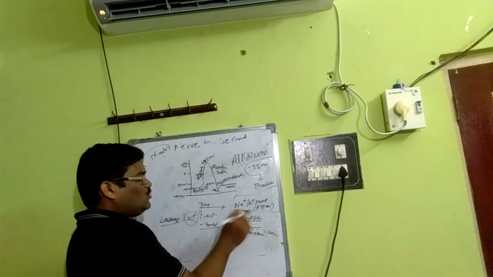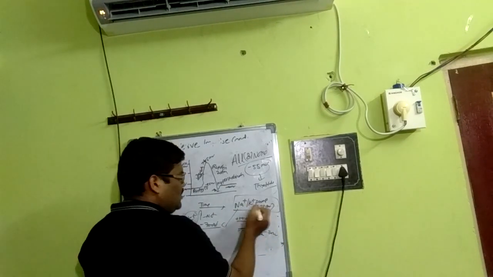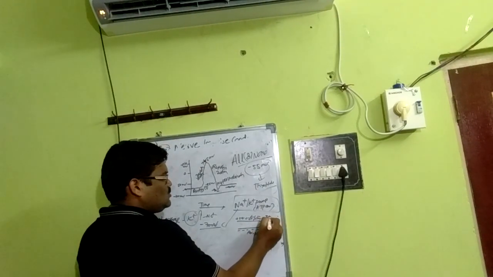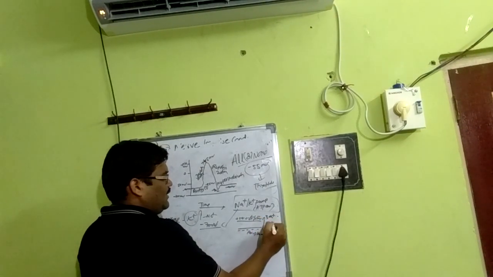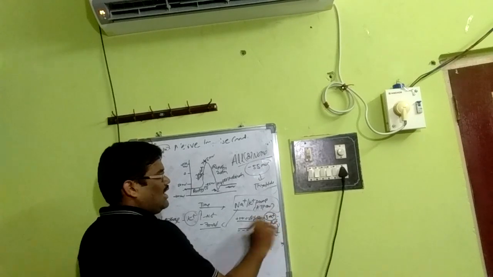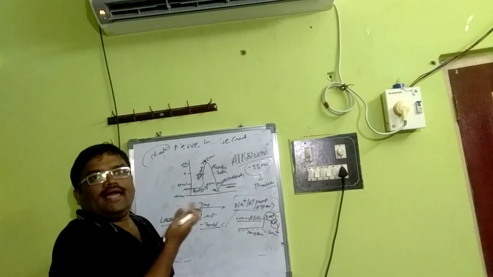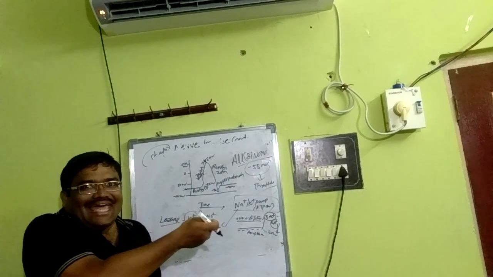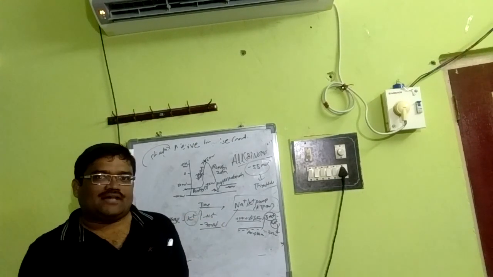To restore this condition, the sodium potassium pump expels 3 sodium outside, whereas 2 potassium come inside. 3 sodium it is removing from the exoplasm, whereas 2 potassium are getting entry into the exoplasm.